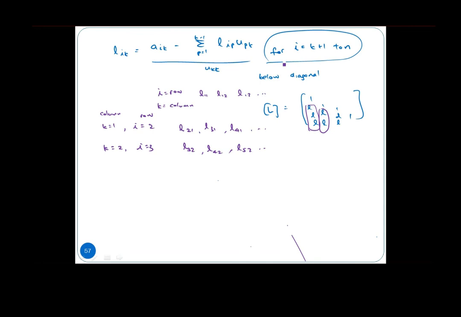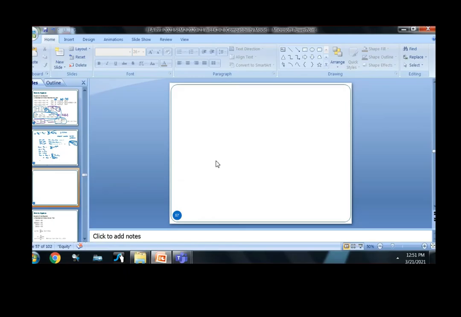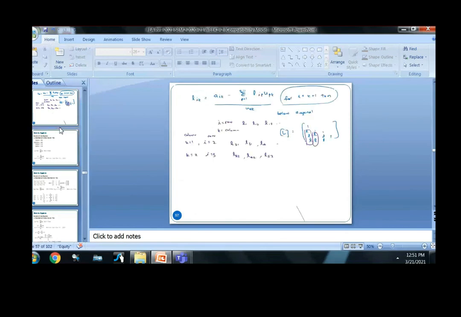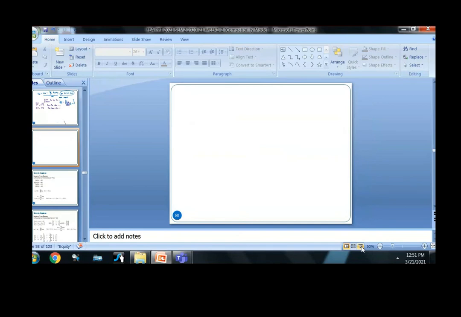Let's say I have an example. I have an A matrix of 3 times 3: 2, 3, 5; 1, 2, negative 1; 1, 4, 3.